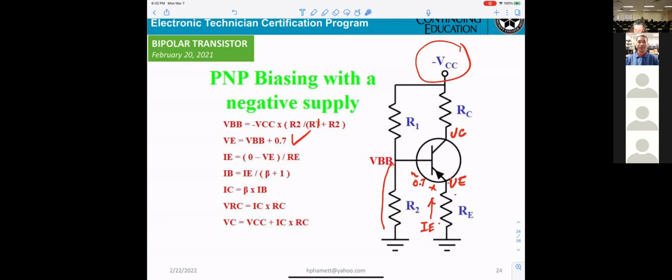However, if you say the current goes this way, then you have to take 0 minus VE, divided by RE. So 0 minus this one, you get a negative number.